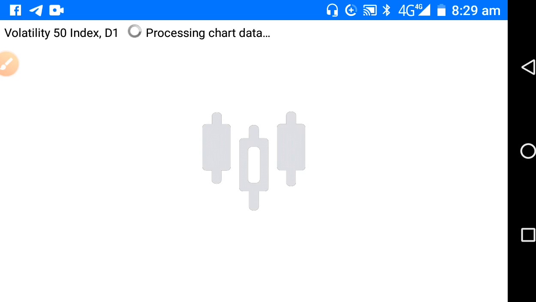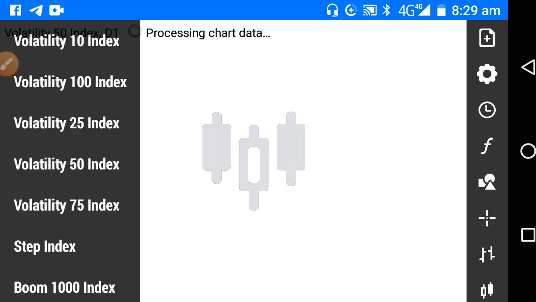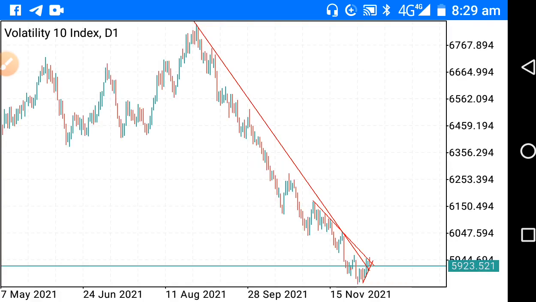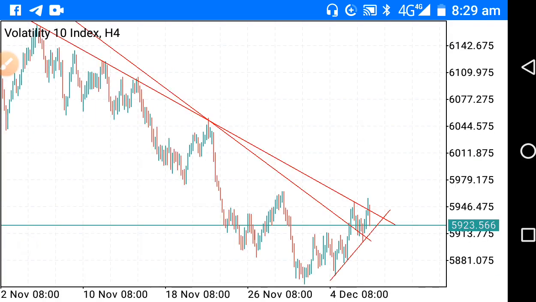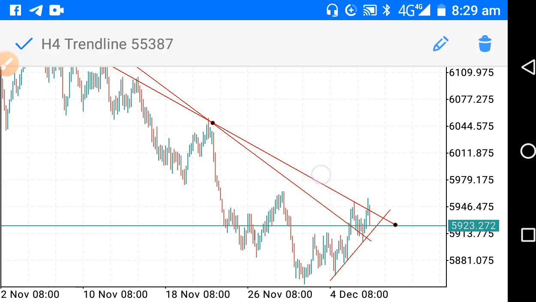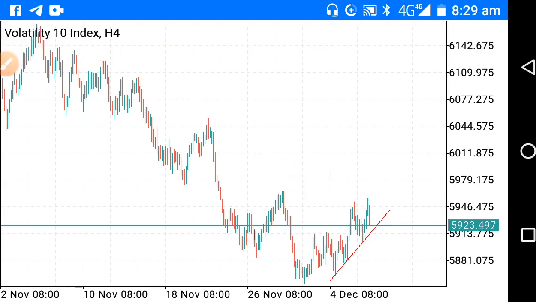When you get down to 1 minute, you're going to see touch strategy playing out there. So let's take 10 for example. This is 10 index daily time frame, but let me go down to like 4 hours. Then let's get rid of this. So start afresh.